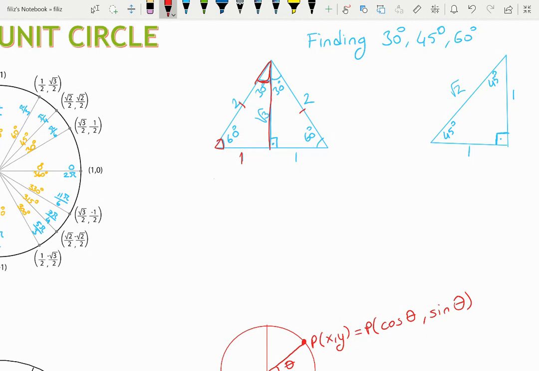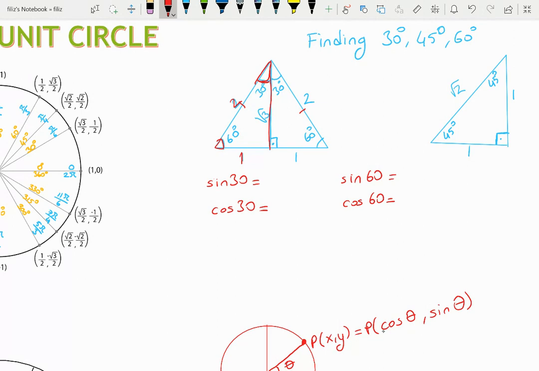So this side will be 1, this side will be square root of 3, and this side will be 2. So how can I write sine 30 and cosine 30 and also sine of 60 and cosine of 60 from this special triangle?